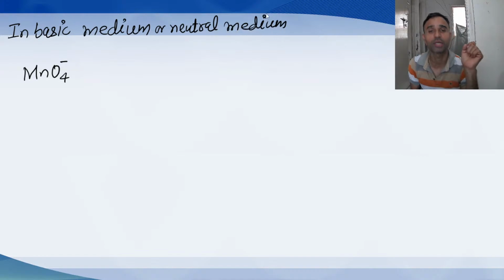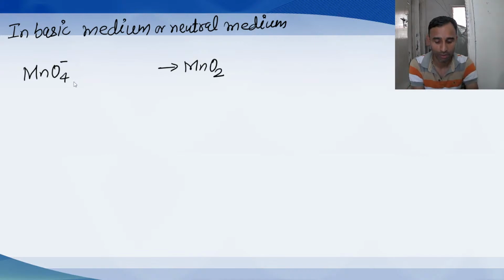In weakly basic medium or neutral medium, MnO4 negative ion will give MnO2. So see, atoms other than hydrogen and oxygen are balanced. One manganese on both sides, right?